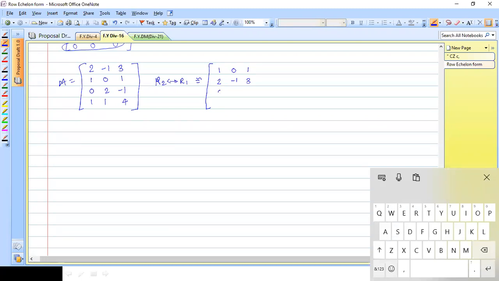This is already 0, so 0 2 minus 1, then 1 1 4. Okay. Now I'm going to apply here. I want this 0, this 0. So R2 minus 2R1 and R4 minus R1. So let's see what I am getting.